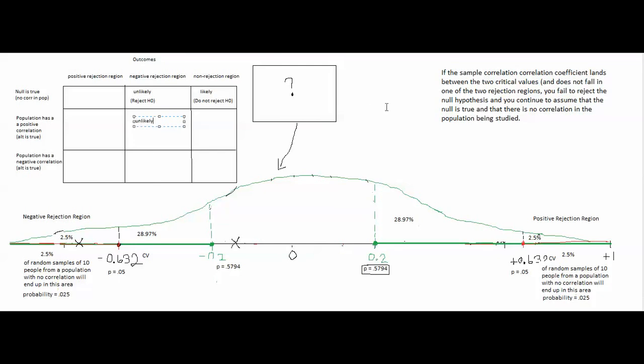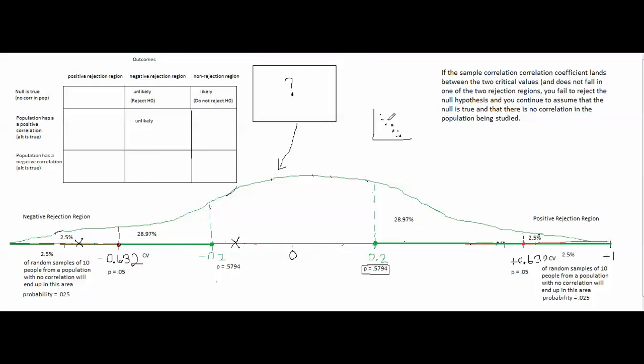Because if your sample ends up out here in this area close to -1, then this sample right here is a strong negative. If you get a sample in the negative rejection region, then your sample looks something like this. It means you have a strong negative correlation out here.